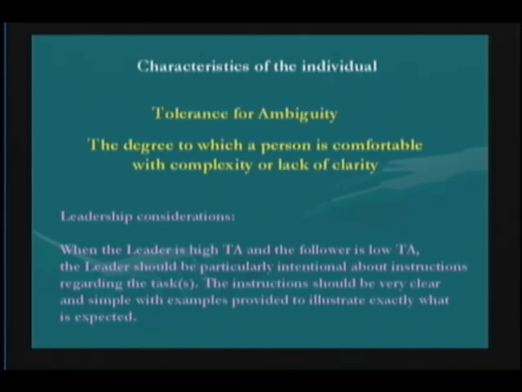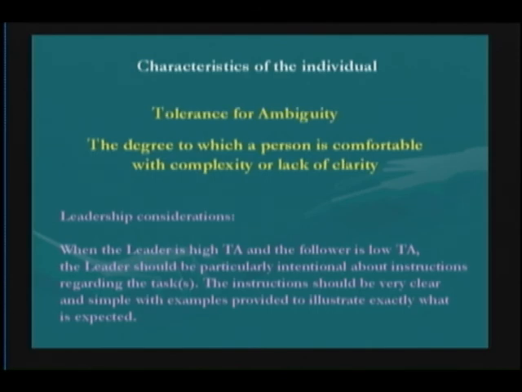So when the leader is high in tolerance for ambiguity and the follower is low in tolerance for ambiguity, the leader has to be particularly intentional about instructions regarding tasks. In other words, the leader is very comfortable with instructions being simple or unclear or not complete, but the follower is not.